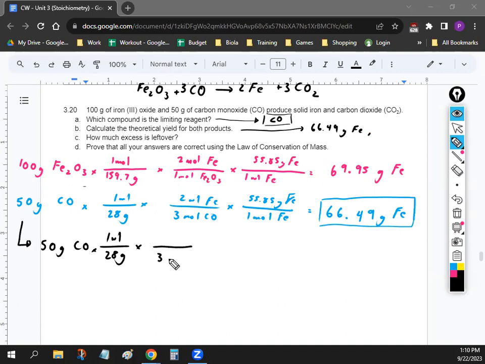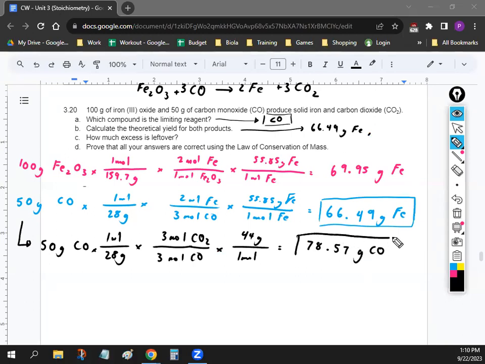This time the mole ratio is 3 moles of CO for every 3 moles of CO2. And then CO2 is 44 grams per mole. And so that will give you a final answer of 78.57 grams of CO2. So that's going to be the other one.